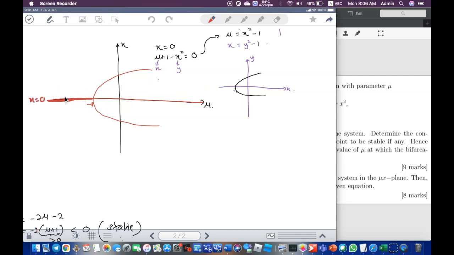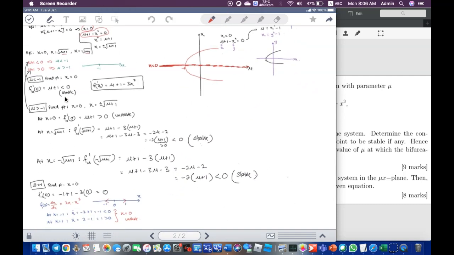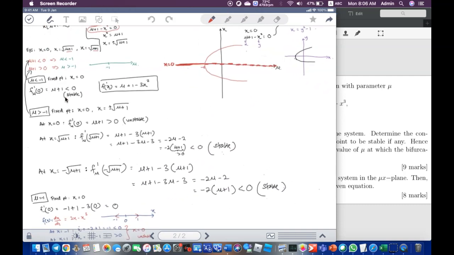So after you pass through mu equal to minus 1, it becomes unstable. So you have to provide the dash line. Okay, dash line.